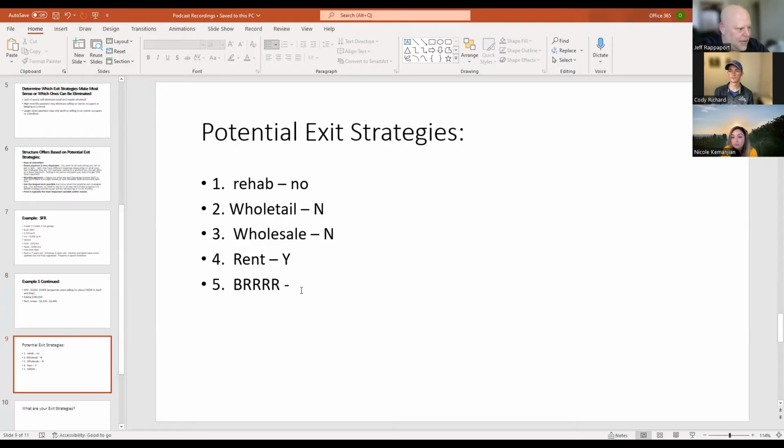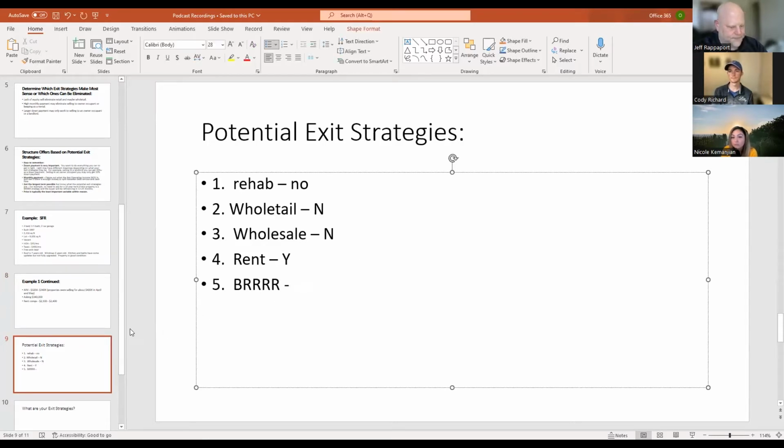All right. So what about the burr strategy? I would say no, just because we already ruled out rehab. It's basically that there's not enough equity position, right? Rehab, wholesale, and burr are all based on an equity position, and this is not an equity position property.